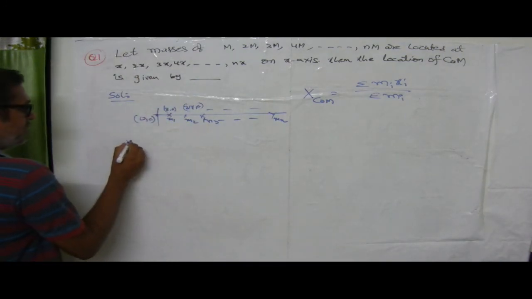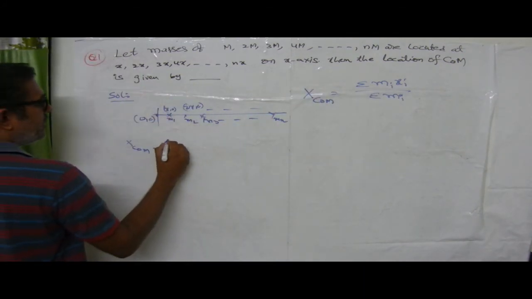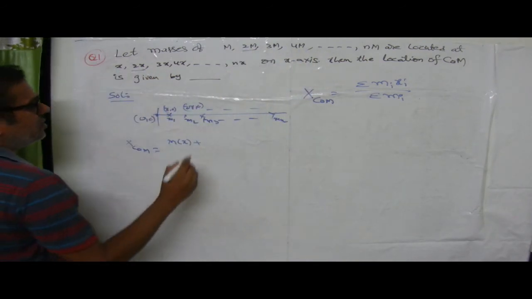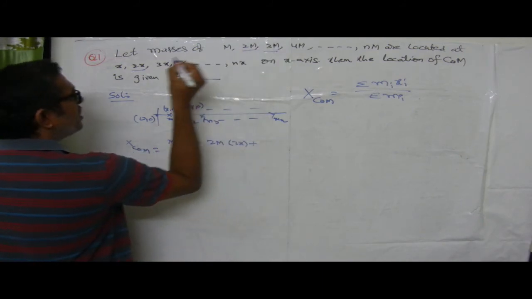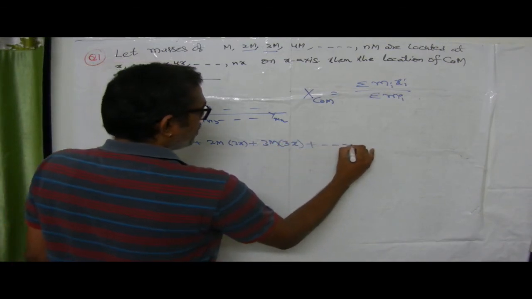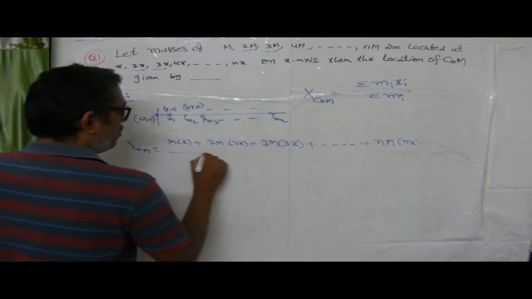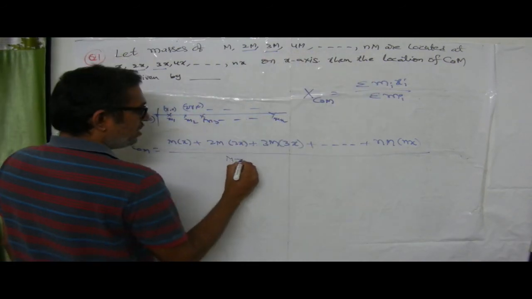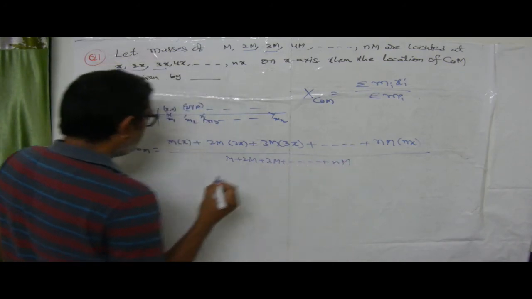Now in the given case, x_com is equal to m1x1, so what do we write here? m into x plus m2x2, that is 2m into 2x, plus m3x3, that means 3m into 3x, plus and so on up to nm into nx, whole divided by the summation of all masses, that means m plus 2m plus 3m plus up to nm.